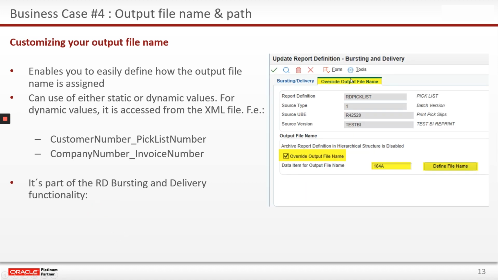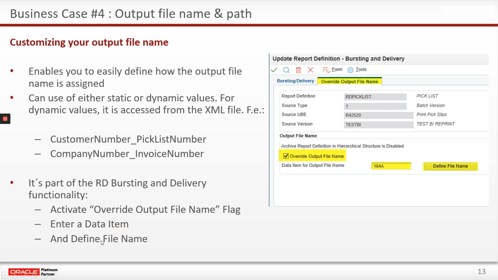And you will be able to find it on the override output file name tab under the bursting and delivery option in the report definition, P95620. The only thing you have to do is to activate the override output file name flag, enter the data item to be used, and finally define a file name.